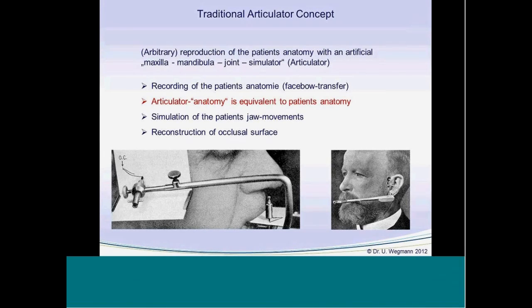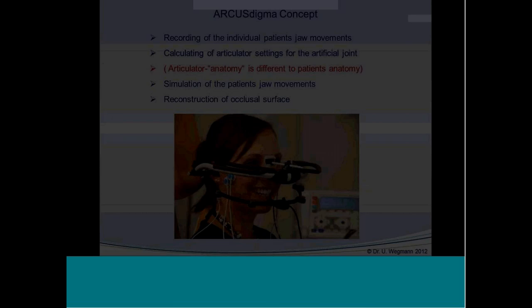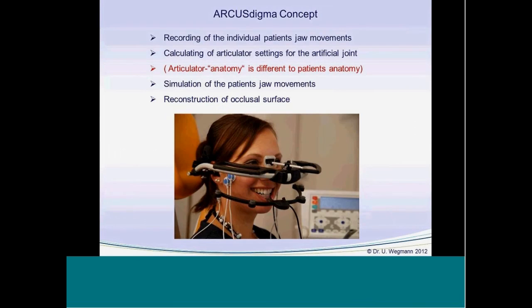But there are some limitations with mechanical devices. And therefore, we use a new concept. I call it the Arcostigma concept. What is the difference? The difference is quite simple. We don't analyze or record anatomical data like differences and distances or positions.